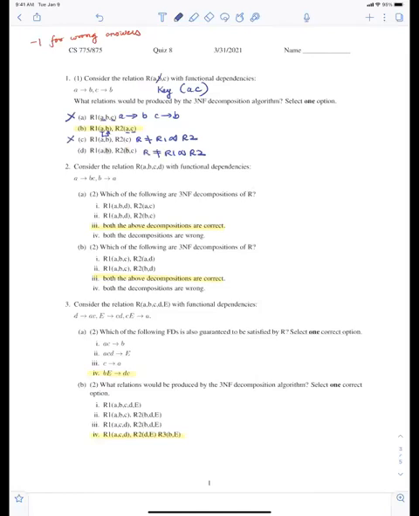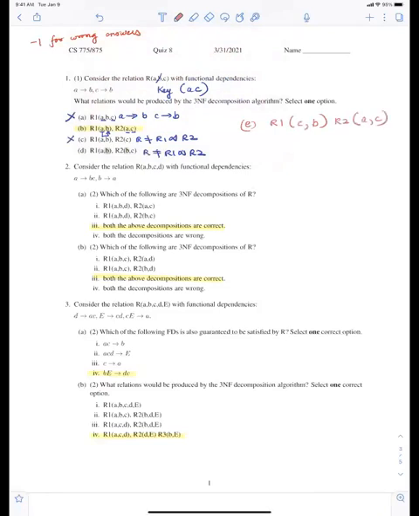And actually, for this particular problem, there are 2 different decompositions that would be fine. Another possibility that would have been correct would have been R1 equal to CB and R2 being AC.